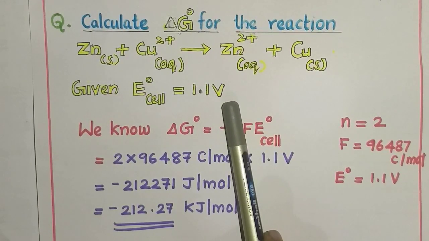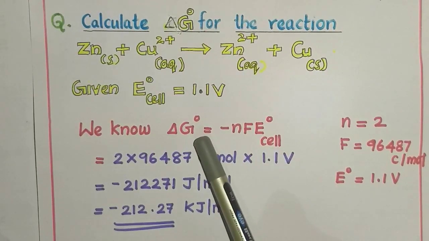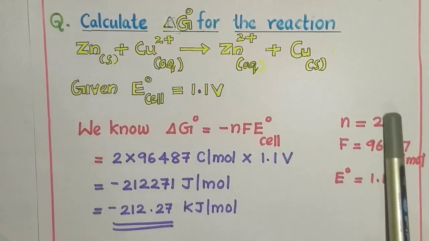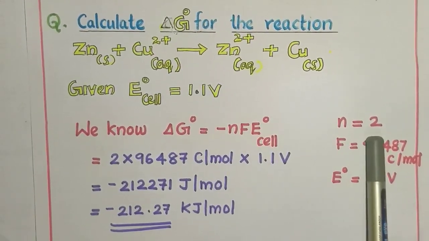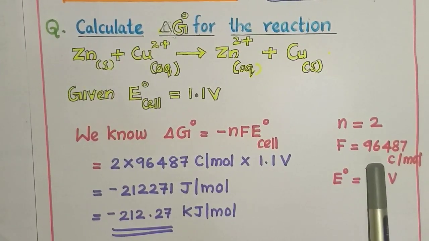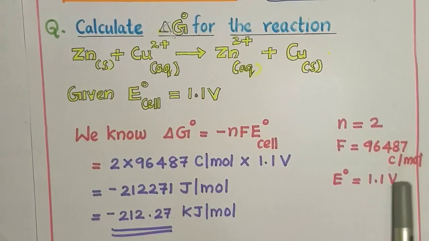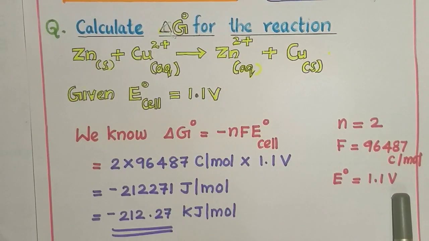Then the problem is to calculate the standard Gibbs energy change of the reaction. First you should write the given data. Here n is equal to 2. For Daniell cell n is equal to 2. F is equal to 96,487 coulomb per mole. E0 cell is equal to 1.1 volt.